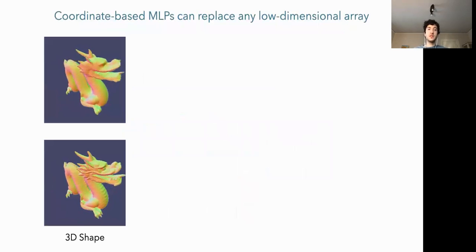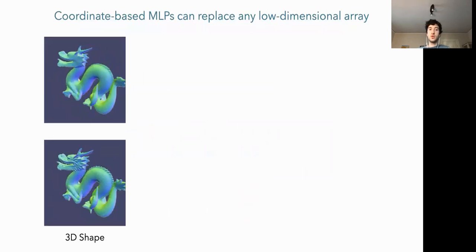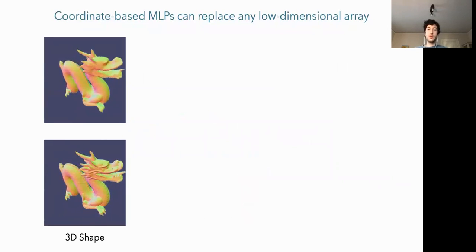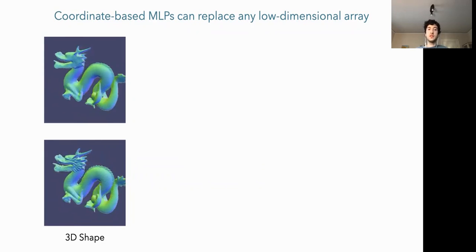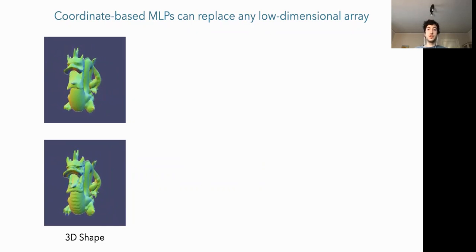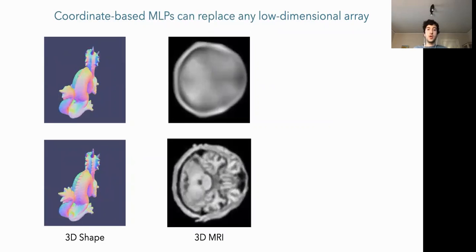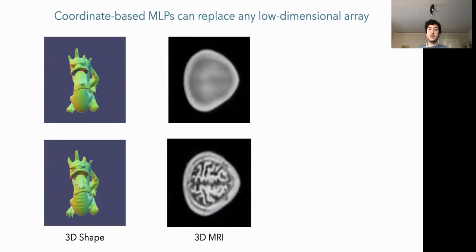Now, this technique is applicable for training coordinate-based MLPs as an alternative to low-dimensional arrays for representing a variety of low-dimensional signals. In this first example, we train an MLP to regress the continuous 3D occupancy function of this dragon. Here, we train an MLP to represent the 3D volume density inside a human brain.